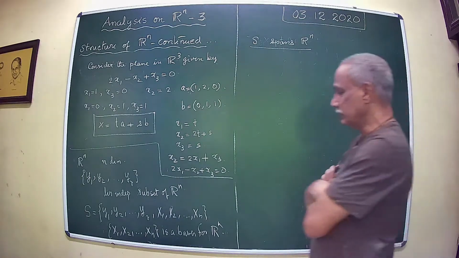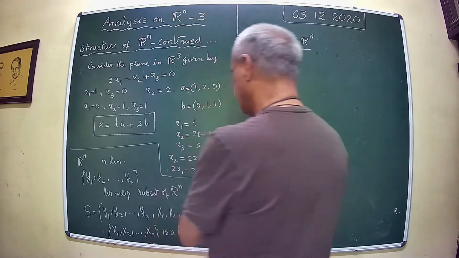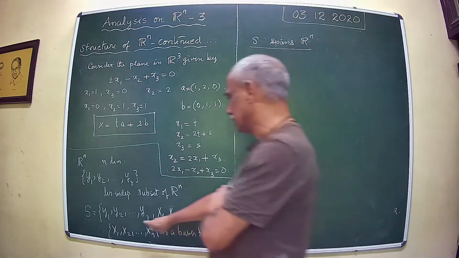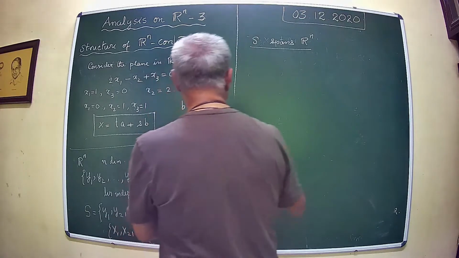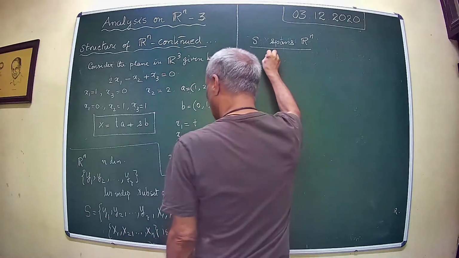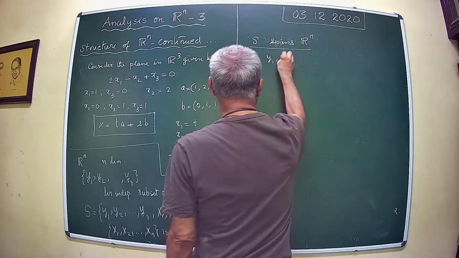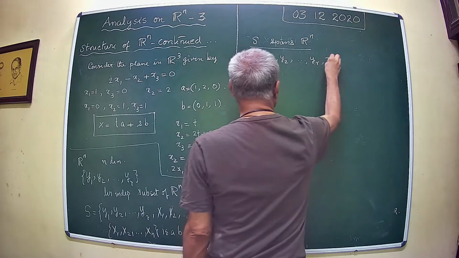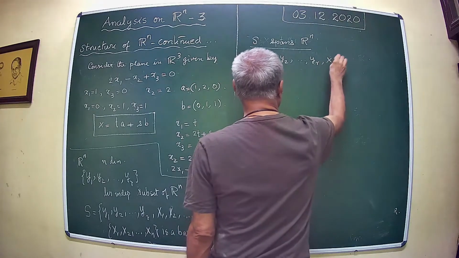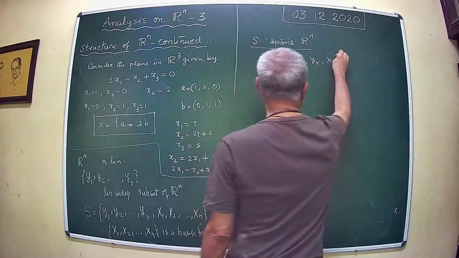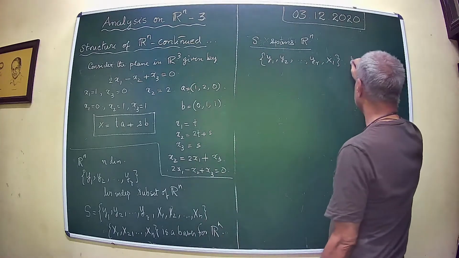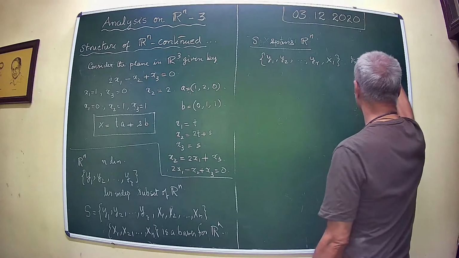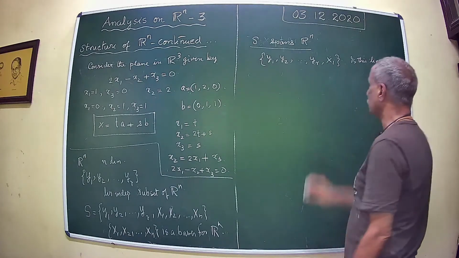You first consider y1, y2, etc., yr and check whether this is independent.